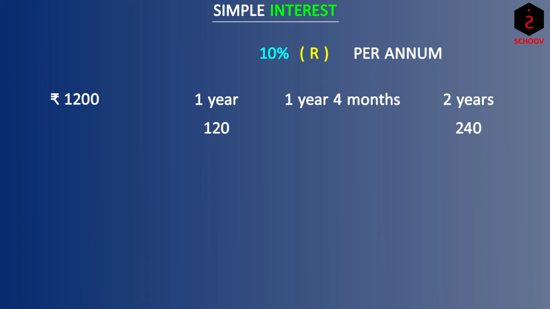So we have to convert 4 months into years. Unitary method. 12 months is 1 year. So 4 months is 1 by 12 into 4. 4 by 12. That is 1 by 3 years. So 1 year 4 months equals 1 plus 1 by 3 years, which is 4 by 3 years.